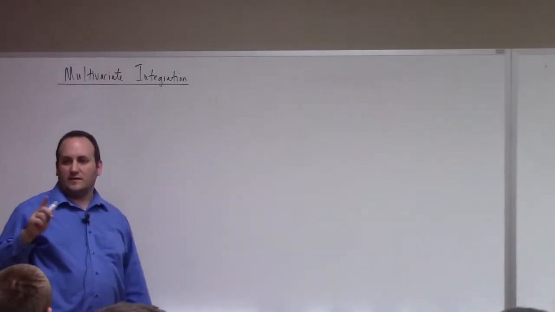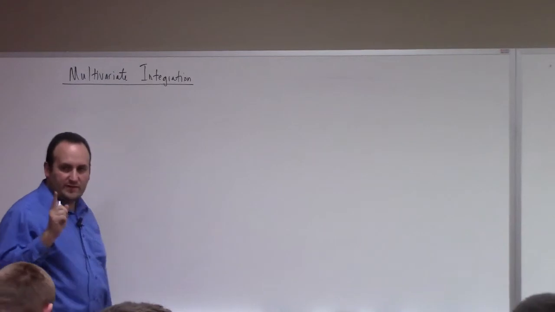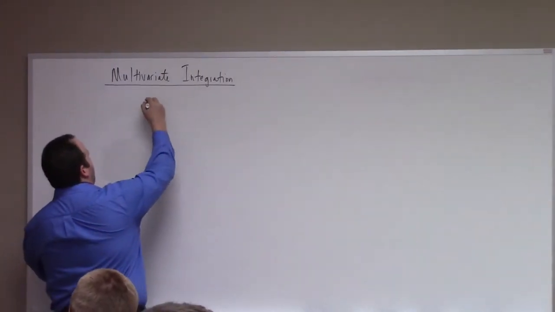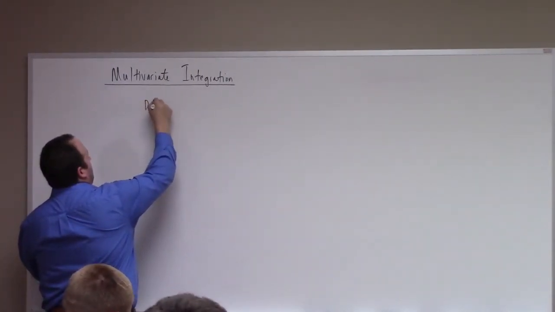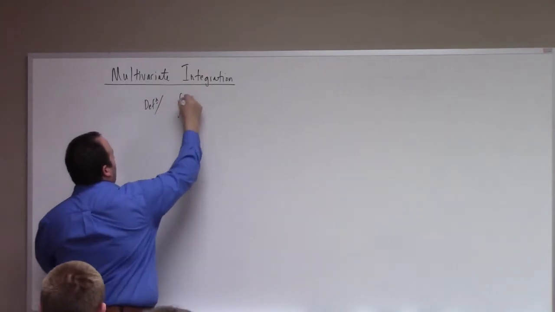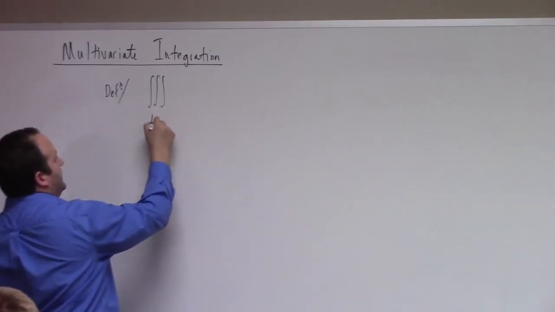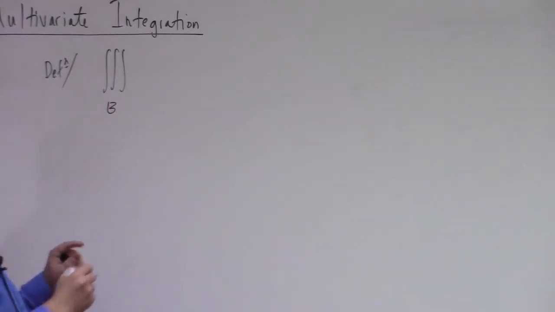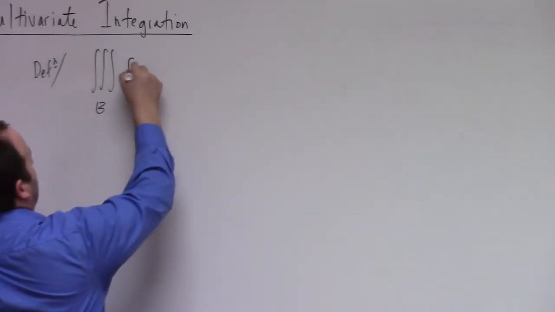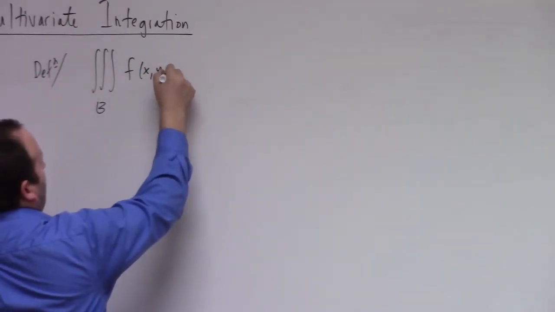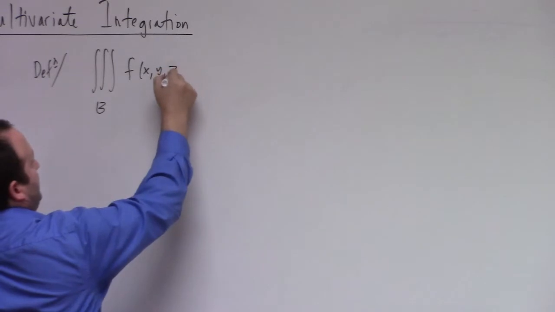Let me come back to the exchange symmetry with a slightly different example. I want to make sure I get this in today. The triple integral over some box B of a function of 3 variables. What would that be defined as?